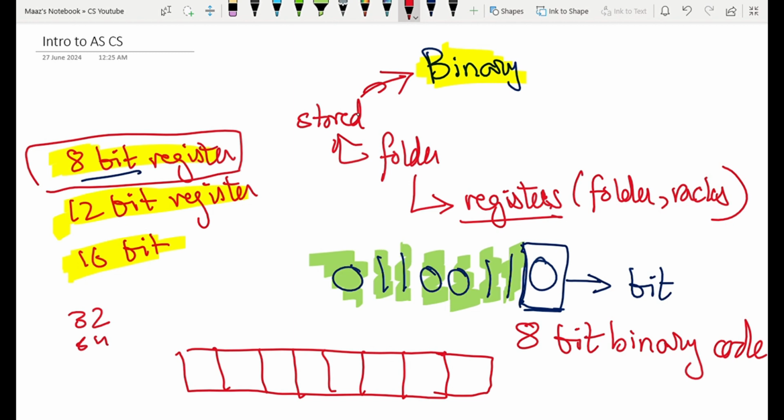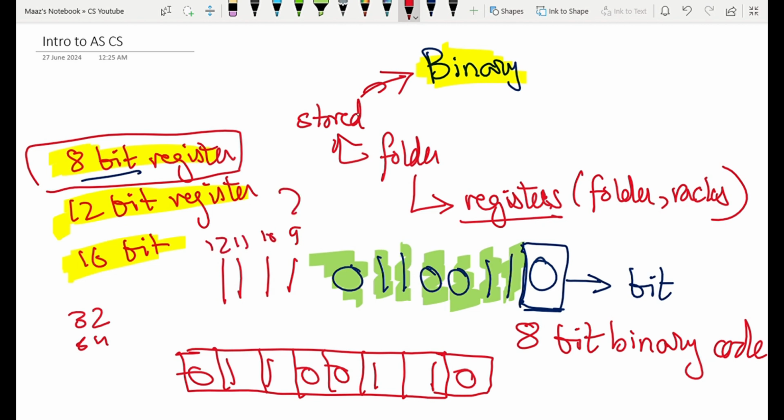And we're going to store this code in here like 01100110. You get this, right? We have stored this code. Now, if we had some extra numbers, let's say 1111, then this would have been the 9th bit, 10th, 11th, and 12th bit, and so we would have been required to use a 12-bit register. And likewise, if we had 16 bits, then we had to use a 16-bit register.